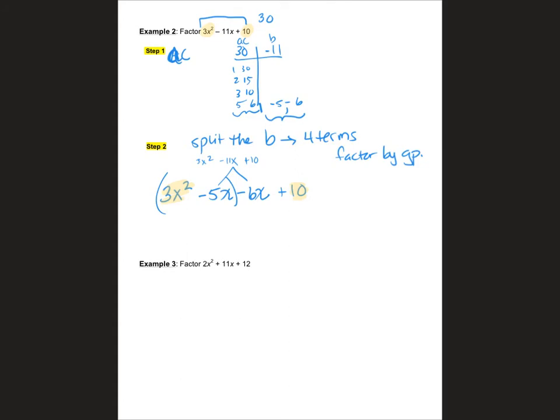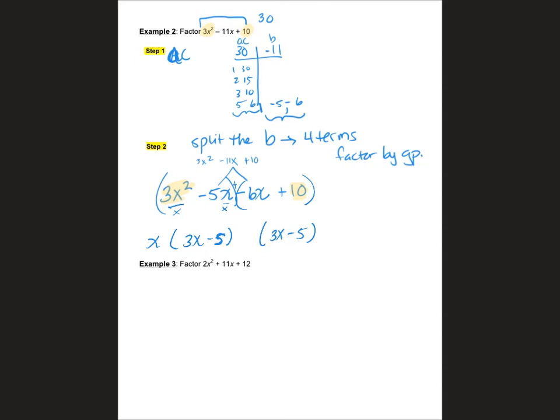So what can I take out of 3x squared and negative 5x? Well, I can't divide them by the same number except for 1, but I can take out an x out of each of them. So that would be our GCF, and we would have left 3x minus 5. Now you can kind of cheat and know what you need to divide by in this second part to get that 3x minus 5. So what could we divide these by to get the 3x minus 5?